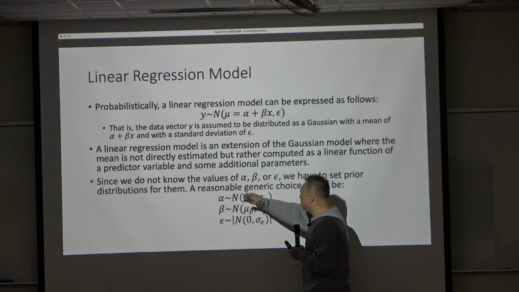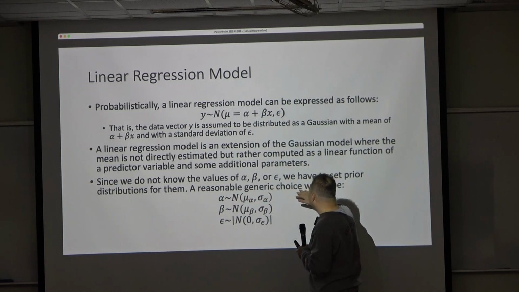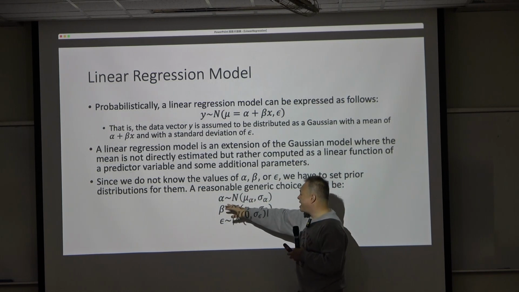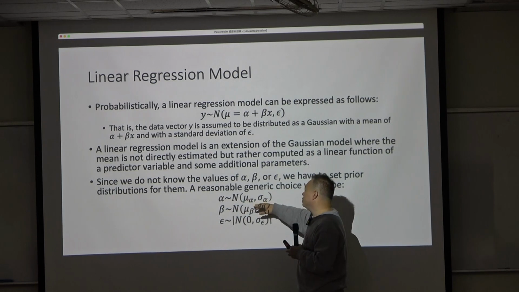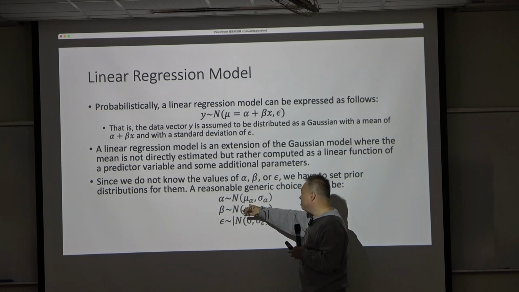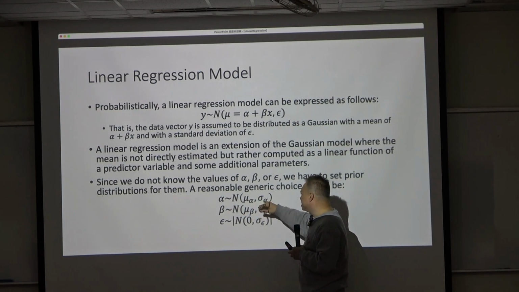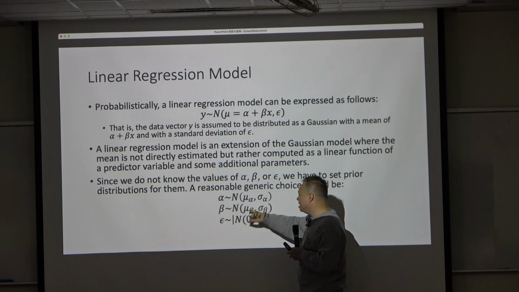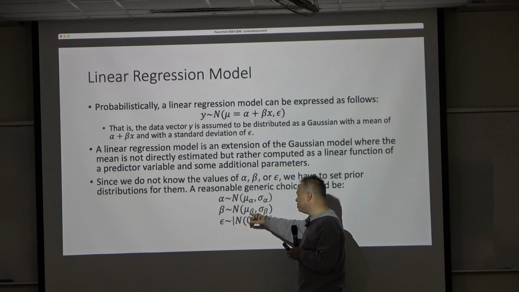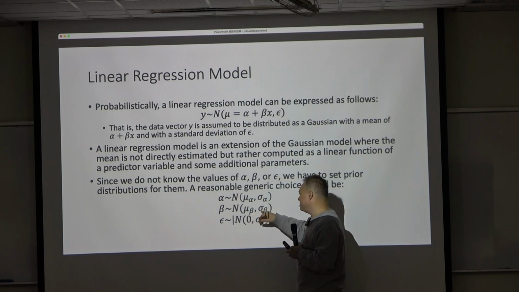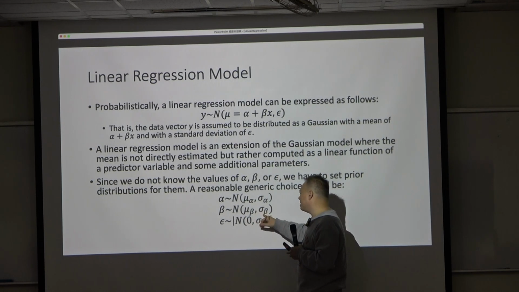So a reasonable generic choice is that alpha is a normal distribution with mean mu alpha and standard deviation sigma alpha, and beta is a normal distribution with mean mu beta and standard deviation sigma beta.